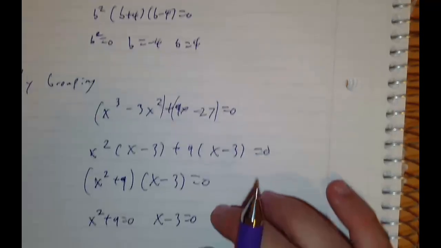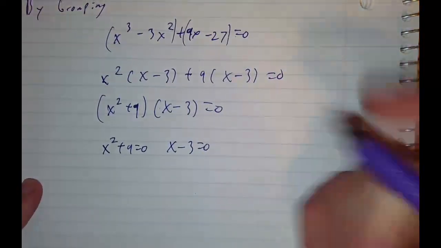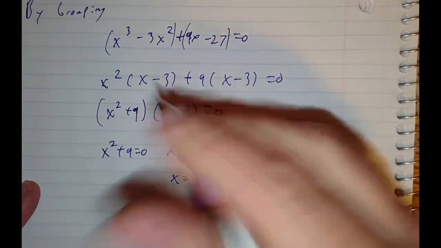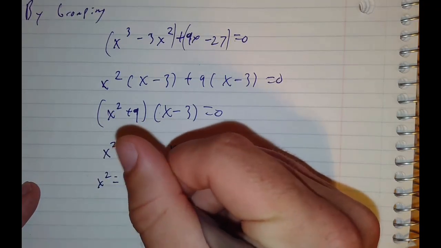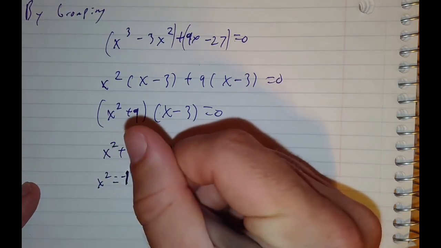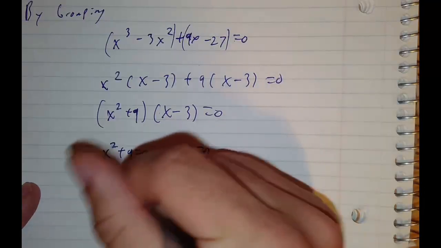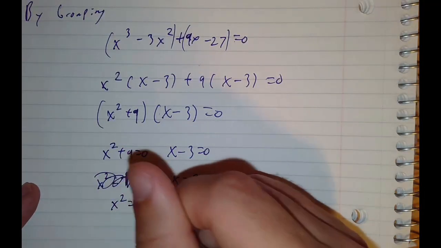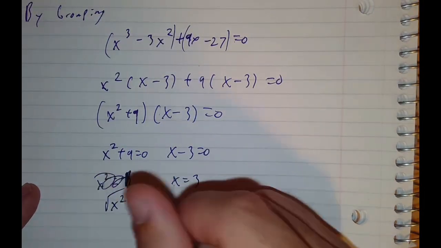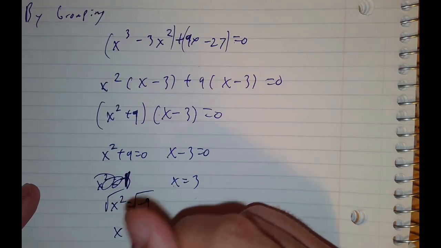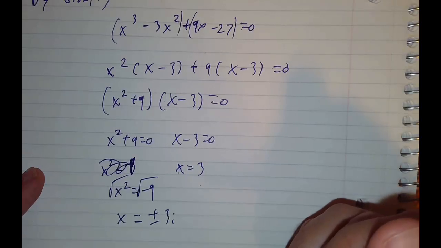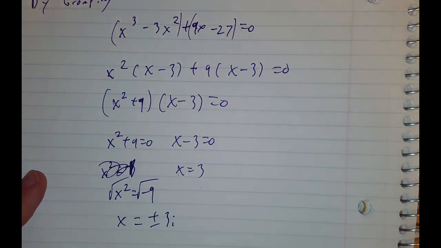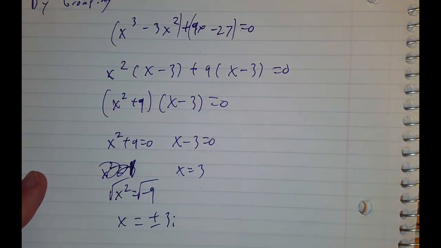We'd have x equals 3, and then we'd have x squared equals negative 9, which you would square root both sides. You could get x equals plus or minus 3i, if you did imaginary solutions. If it was real only, it would be just x equals 3. Okay, that's factoring by grouping.